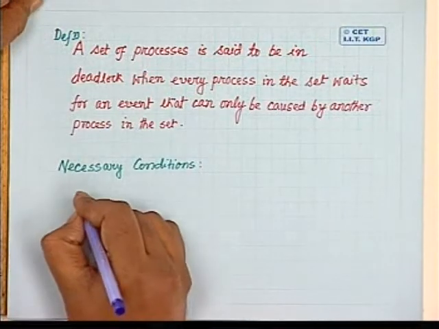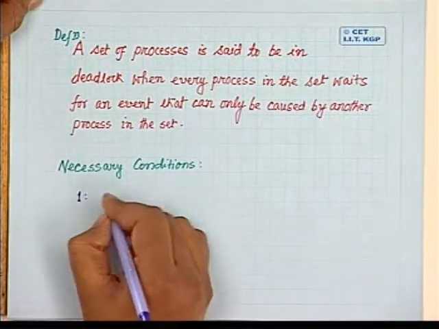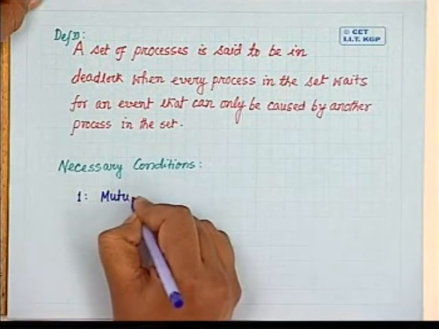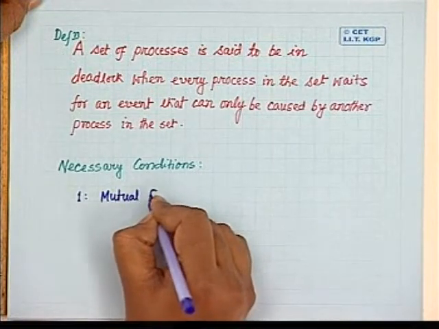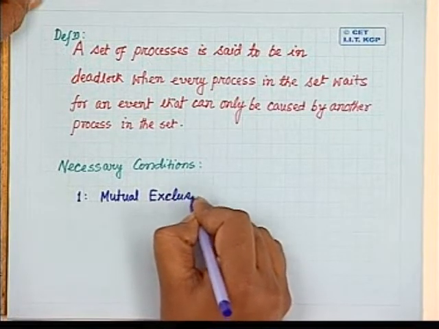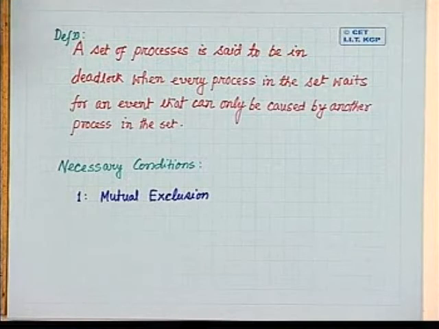The conditions are: number 1 is mutual exclusion. That is, there is at least one resource in the system which cannot be shared by more than one process at a time. Say, for example, a printer.